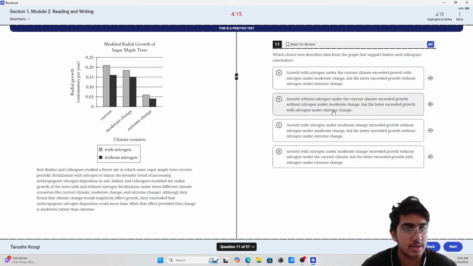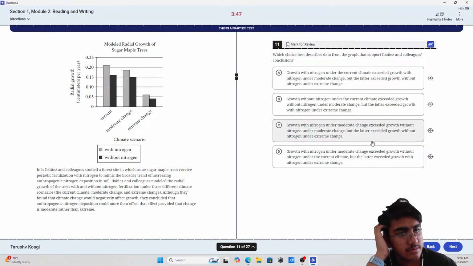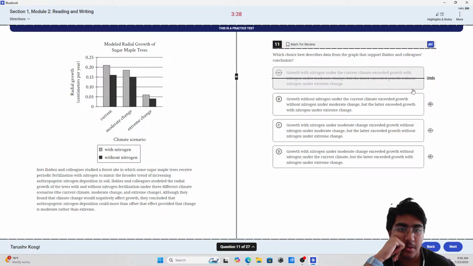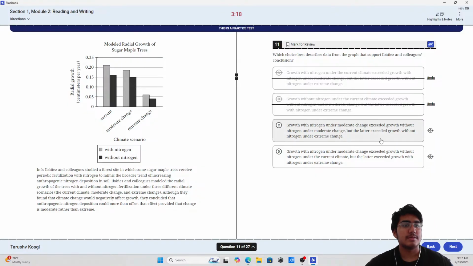So if you put a moderate amount of more nitrogen in, no. I mean, yeah, that's true, but it doesn't really support their hypothesis. Go to another.